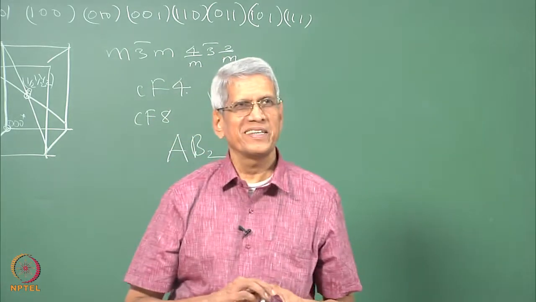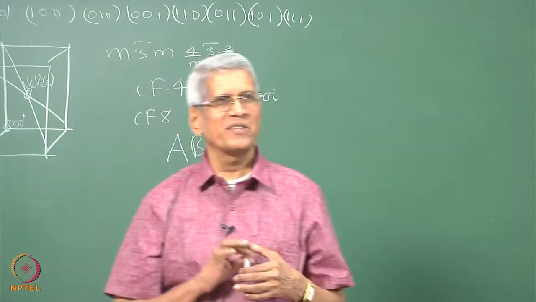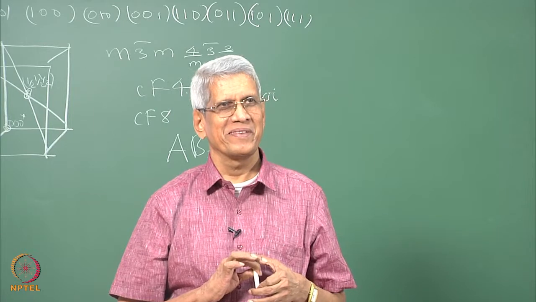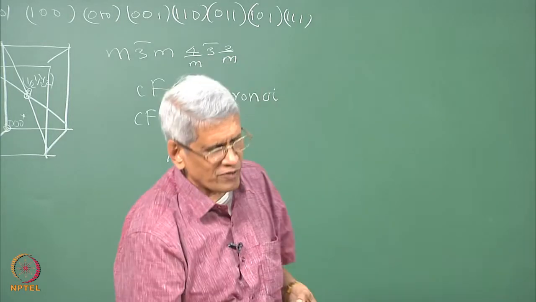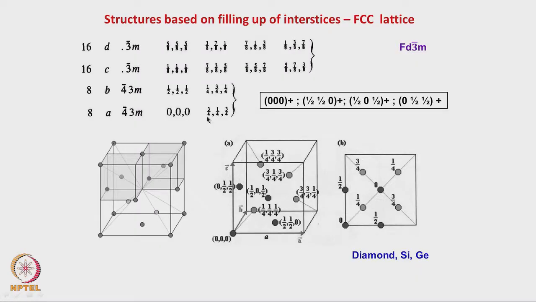What you have to consider is what are the lattice points where we can have the atoms, correct? If you look at the Wyckoff table which is given here, okay, with respect to diamond cubic, it is face centered but Fd3̄m, okay. So since it is a face centered lattice, these are all the 4 equivalent positions.